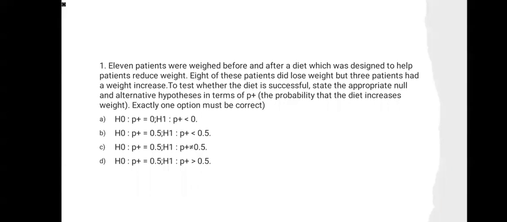And fourth option: null hypothesis P is equal to 0.5 and P is greater than 0.5. So what will be the best option for this scenario? B would be the answer, because for the probability that the diet increases weight, we are using the increase in weight on average. So P must be less than 0.05 to be significant. So B is the right answer.